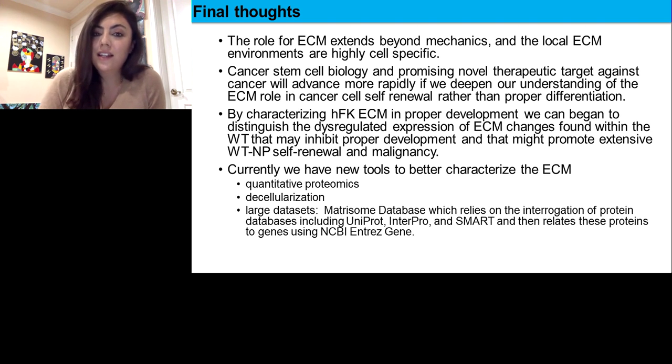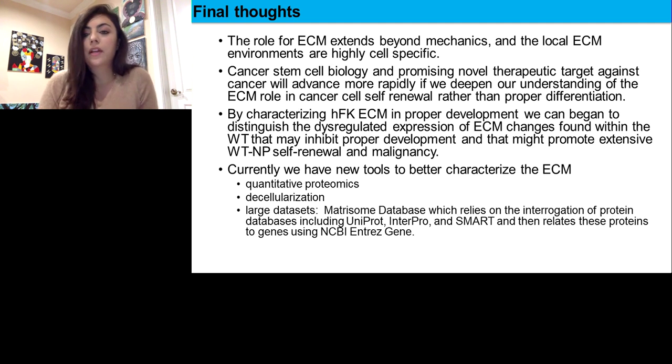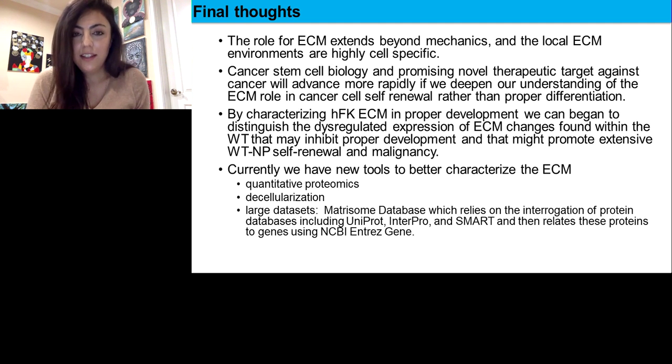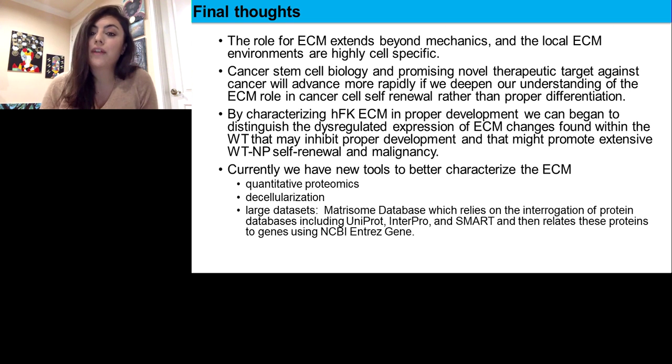By studying cancer stem cell biology, and by understanding and characterizing the extracellular matrix in cancer, we could actually find ways to provide more novel therapeutic targets for stem cells and understand why they stay in the self-renewal state rather than differentiate.